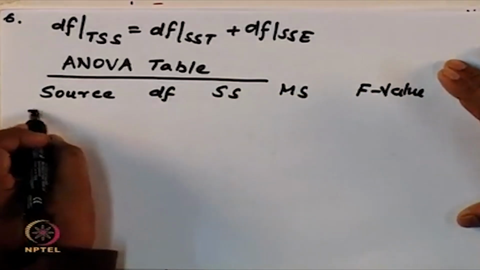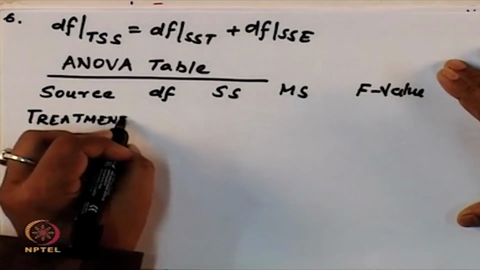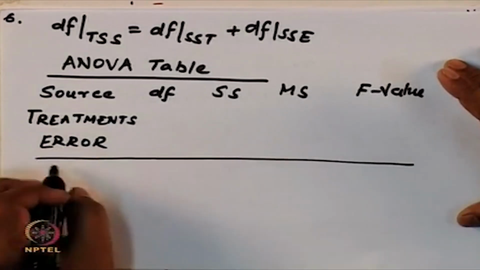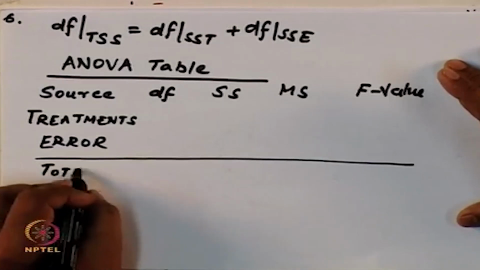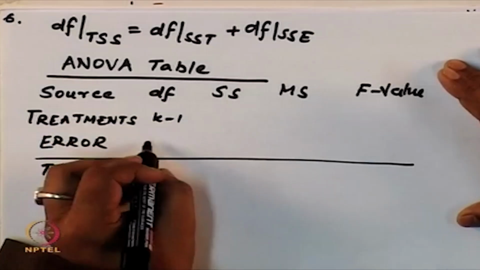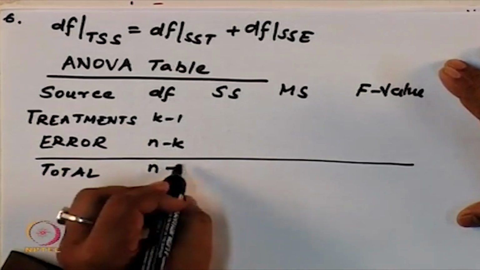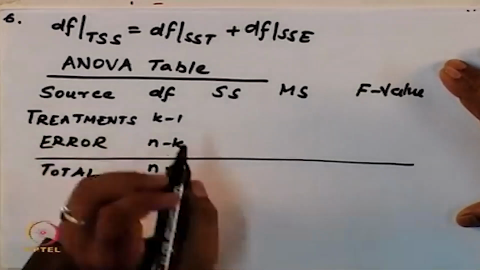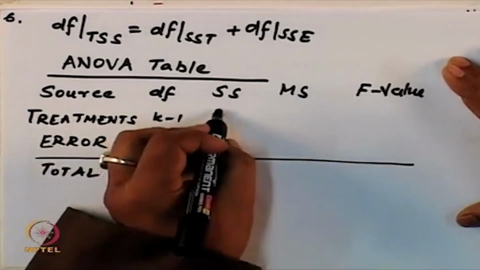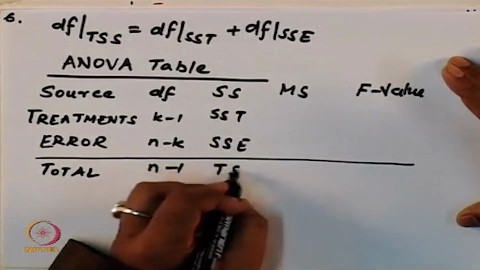Your sources include treatments, error, and in sum this is total. So, this is k minus 1, this is n minus k, this is n minus 1.